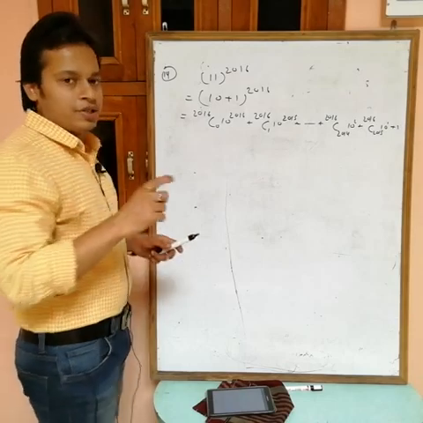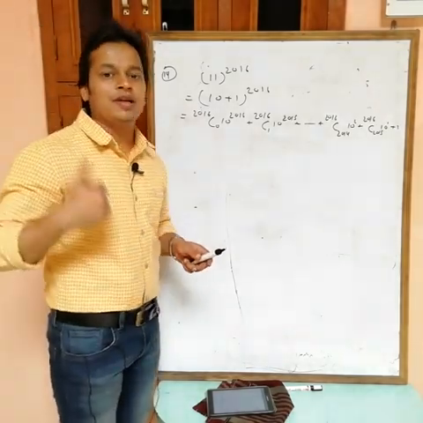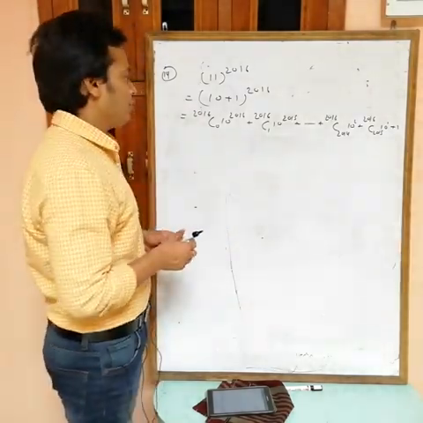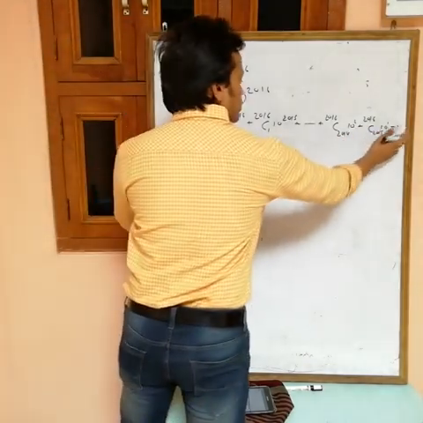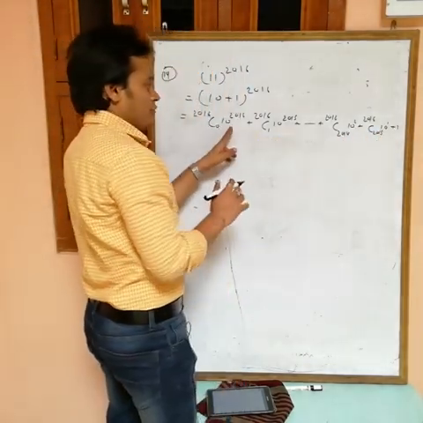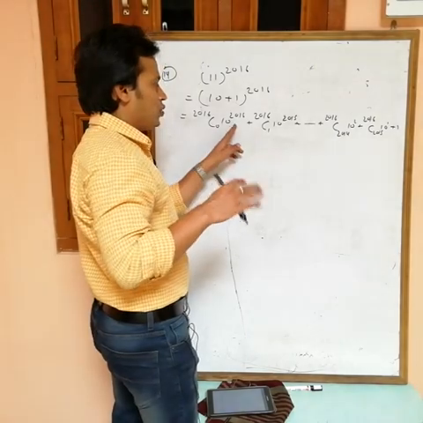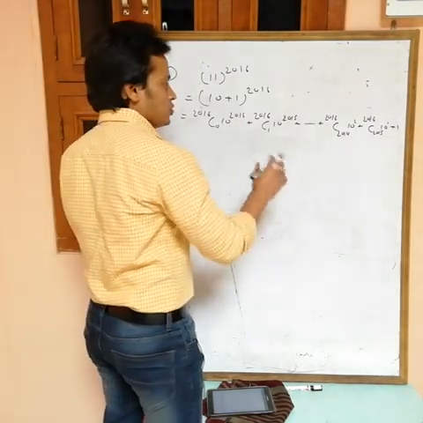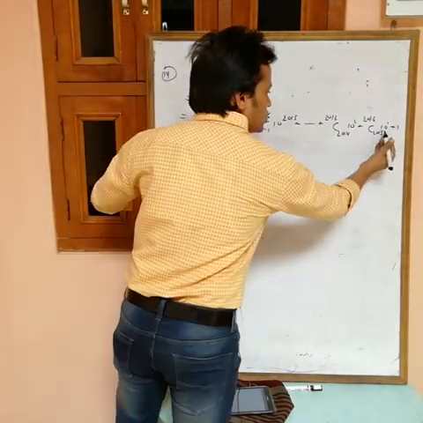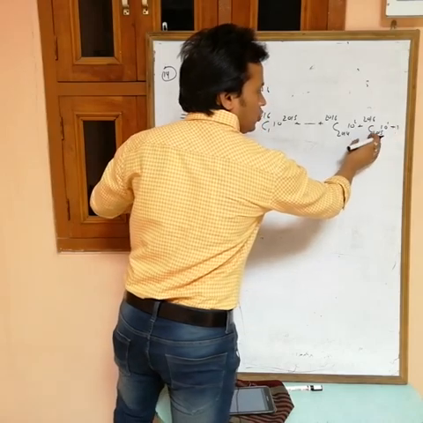Now if you want the last 3 digits, then take 10 power 3 common. Can you take 10 power 3 common in all of these? No. From this one you can take any power of 10 up to 2016. Okay, so check from last. From this one, this is 10 into 2016.